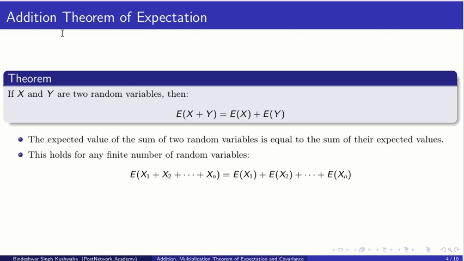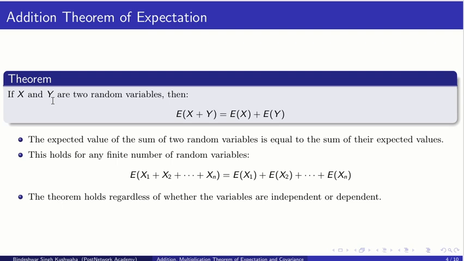That means the expected value of x1 plus x2 up to xn is equal to the expected value of x1 plus the expected value of x2 up to the expected value of xn. Now this theorem holds regardless of whether the variables are independent or dependent.